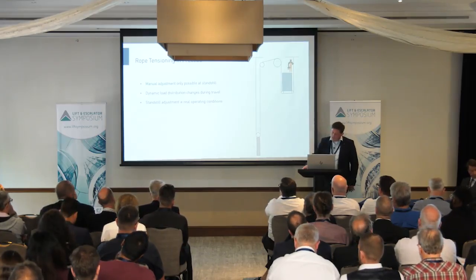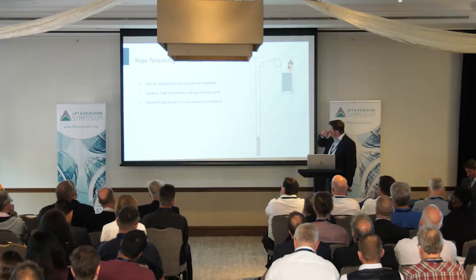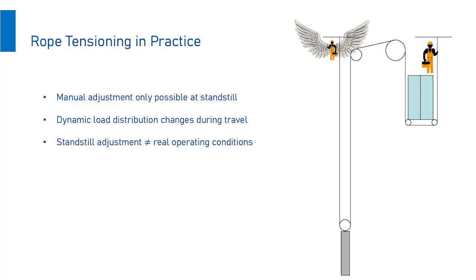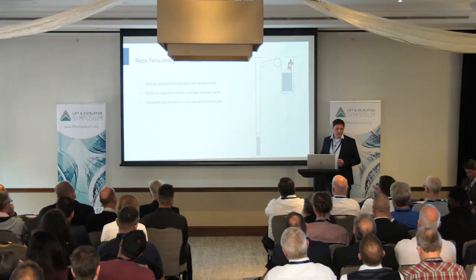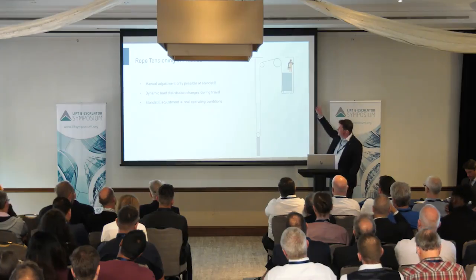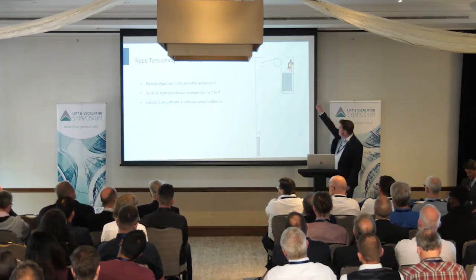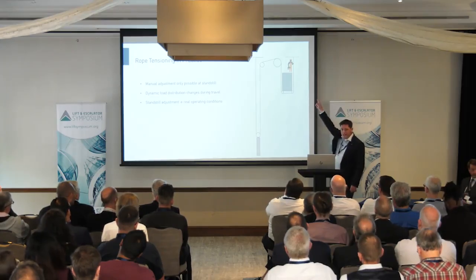And especially if we look at machine-room-less installations, for example, in that sketch, you find a lot of installations where you are just able to adjust the ropes above the car, like here. So the technician stands on the car top. What is he tensioning if he tensions there?